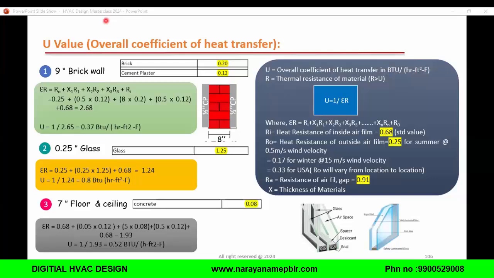R is the thermal resistance of the material. U is equal to 1 by summation of R, where summation of R is equal to, I'll explain in detail.